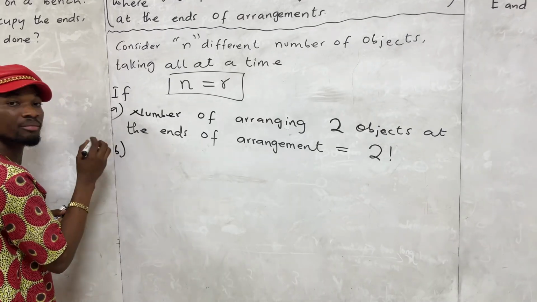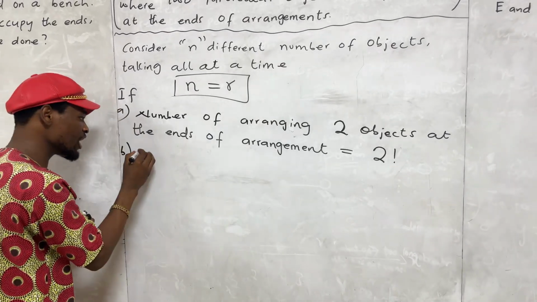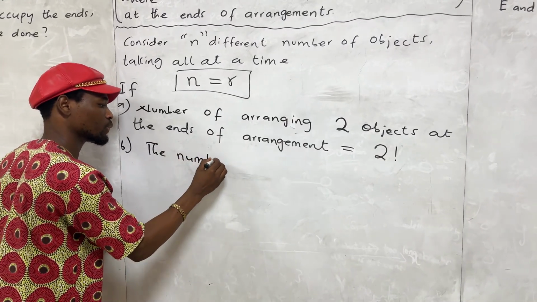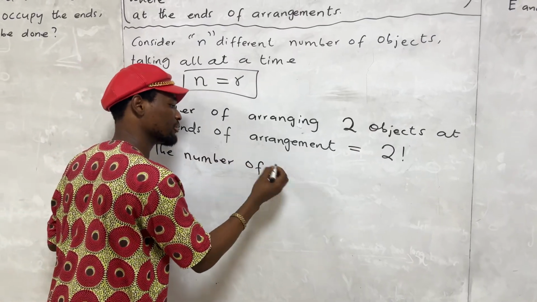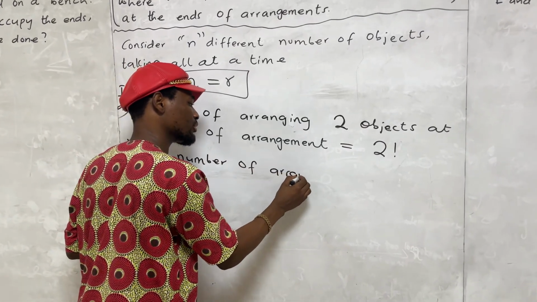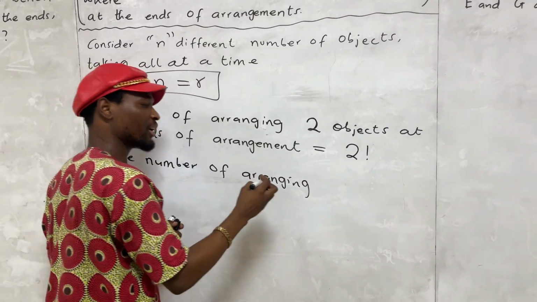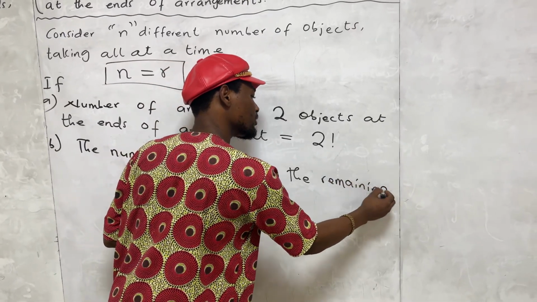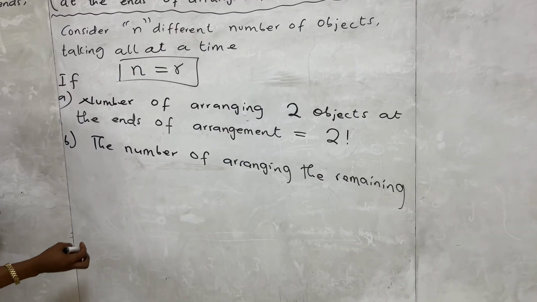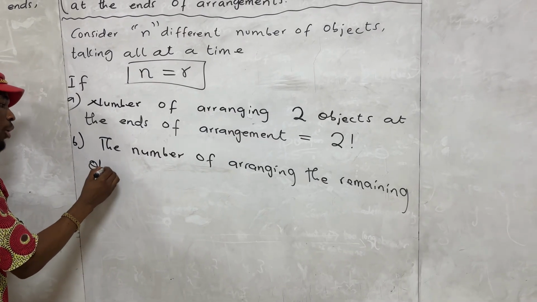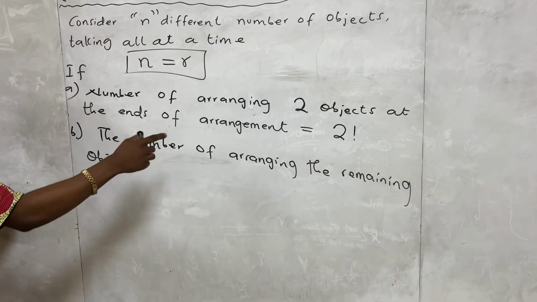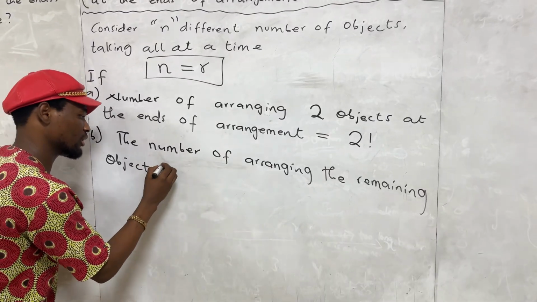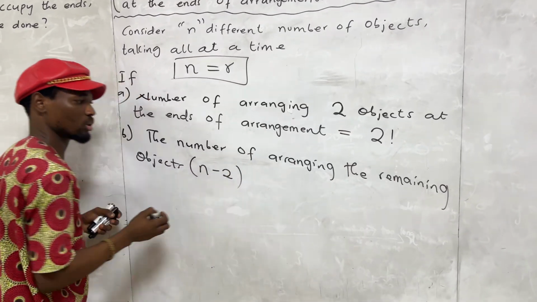Let's consider B. If the number of arranging the remaining objects or items is, let's say, n minus 2.